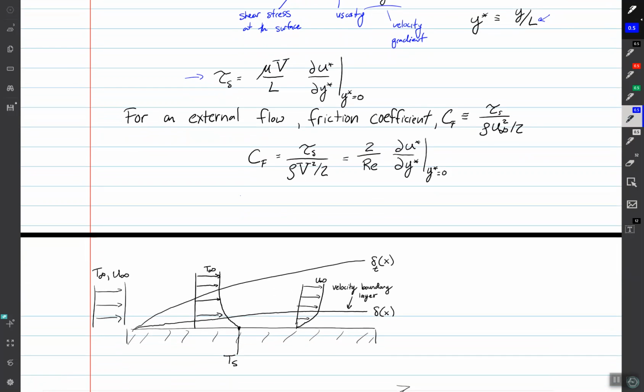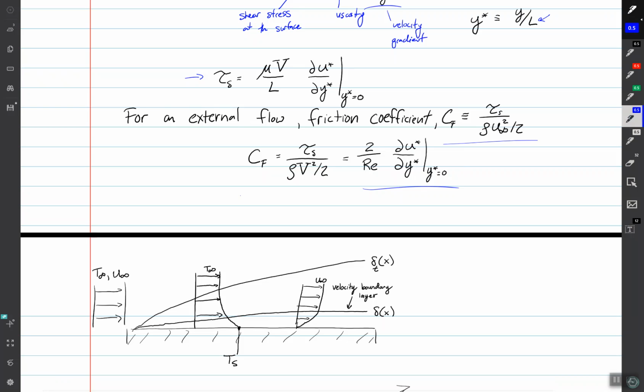And then we can define for external flow a friction coefficient, CF, this way. And what we find is that CF equals 2 over the Reynolds number times the velocity gradient. Right, the Reynolds number is a unitless number. U star, Y star, both unitless.